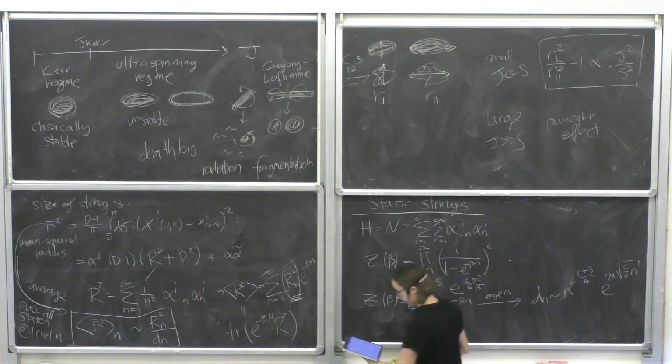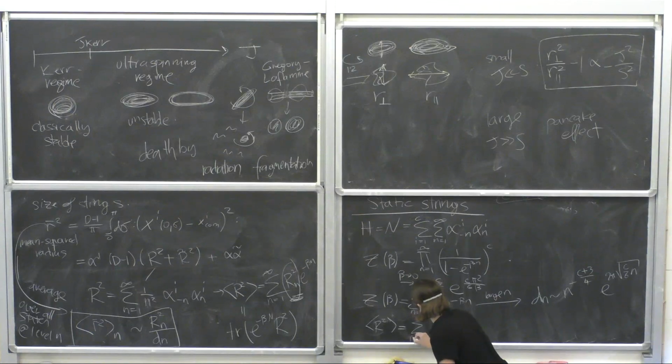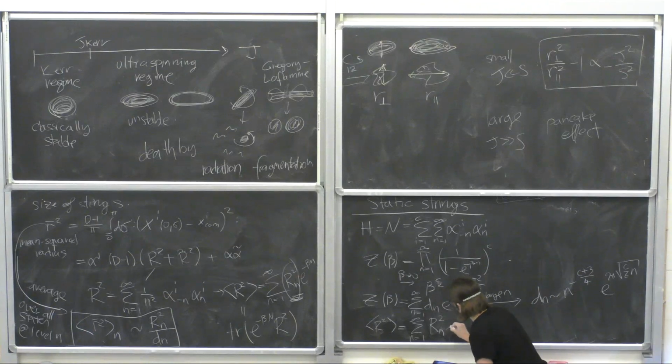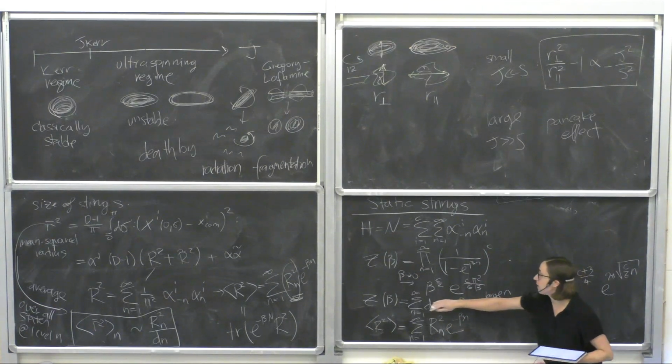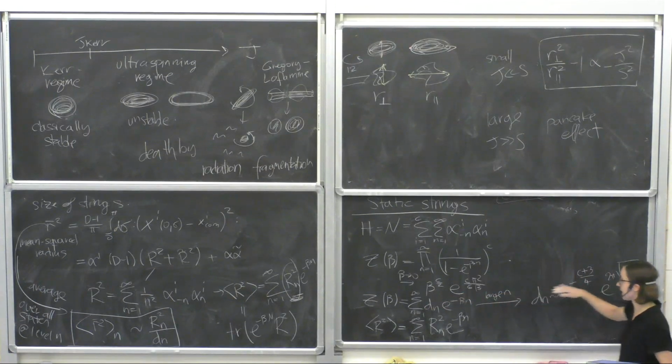So actually, I spare you the computation. I'm just going to motivate to you how to do that. So let me write this out again here. This R squared, what I just wrote on the other side, is given by R_n squared, this coefficient, e to the minus beta n. And now it follows a similar strategy as extracting the density of states.